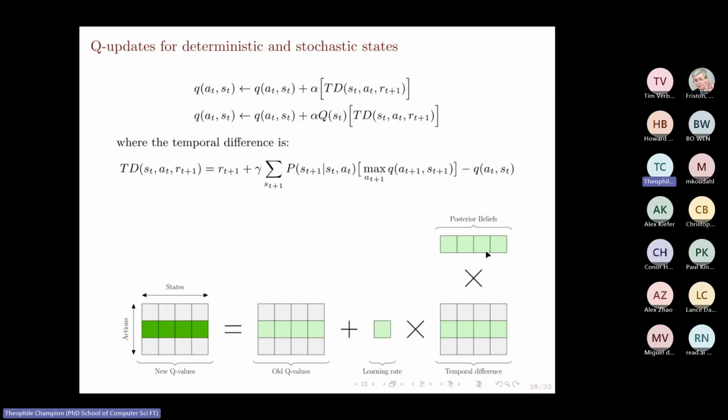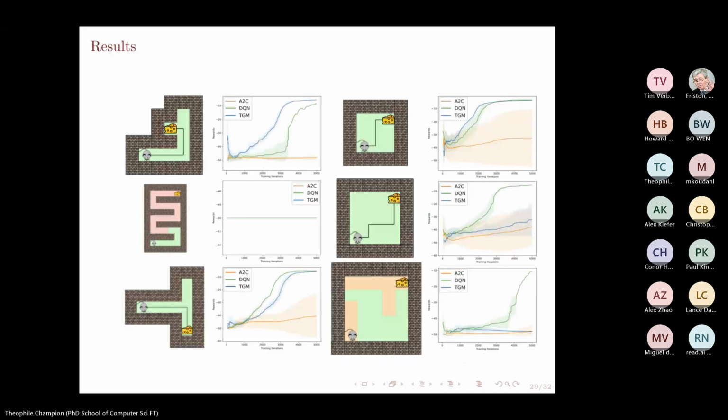So you have your posterior of a state, you weight that with the temporal difference corresponding to the action you have taken in the environment. And then you weight that by the learning rate. Now you have this term that you need to add to the previous Q values, the old Q values over there, to get the new Q values. So that's how Q-learning is being performed.